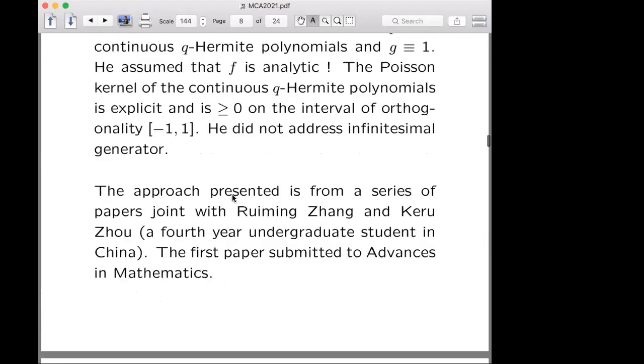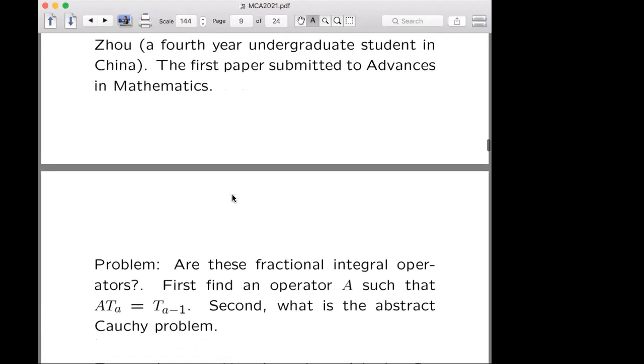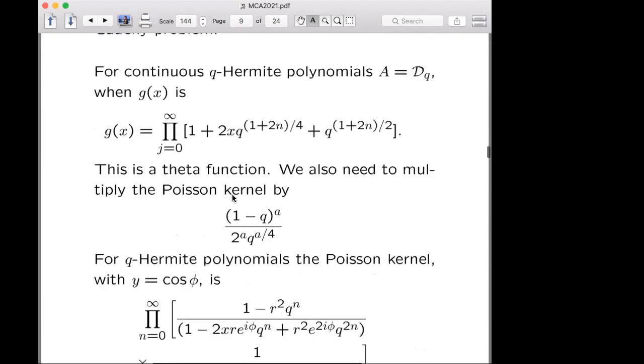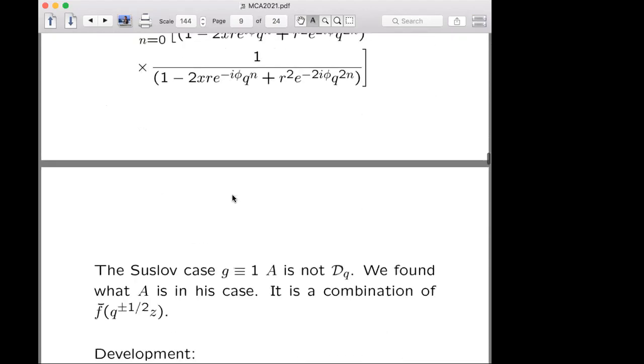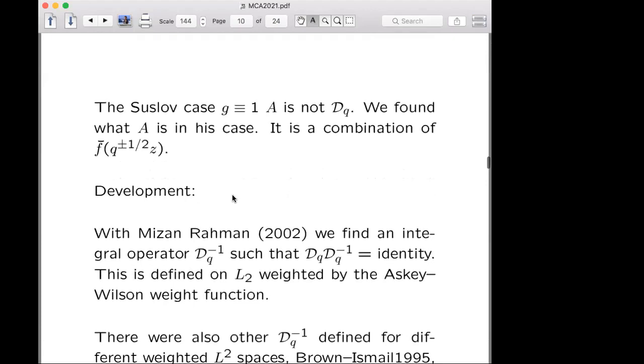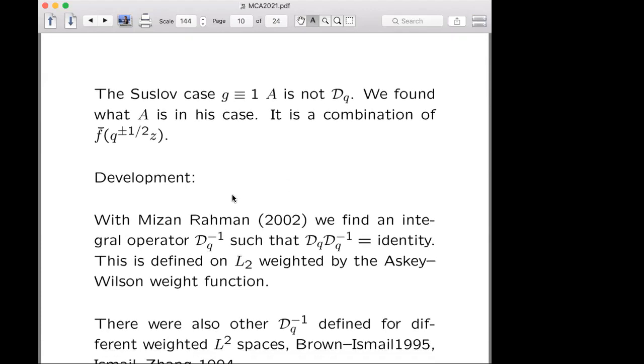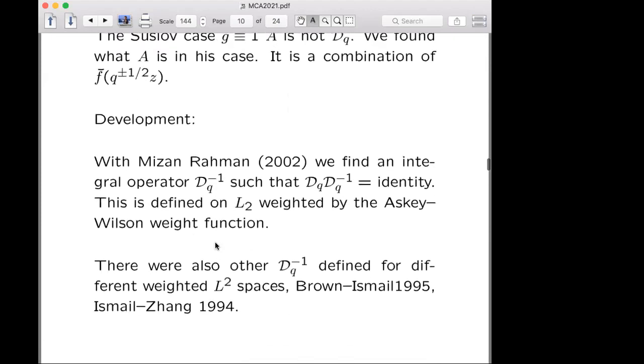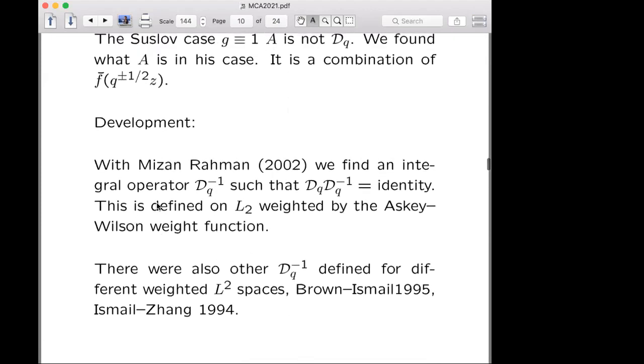So we first checked it for when the power is an integer, and then we just replace n by some a, and then we justified everything. So the idea was originally really from the paper with Rahman.